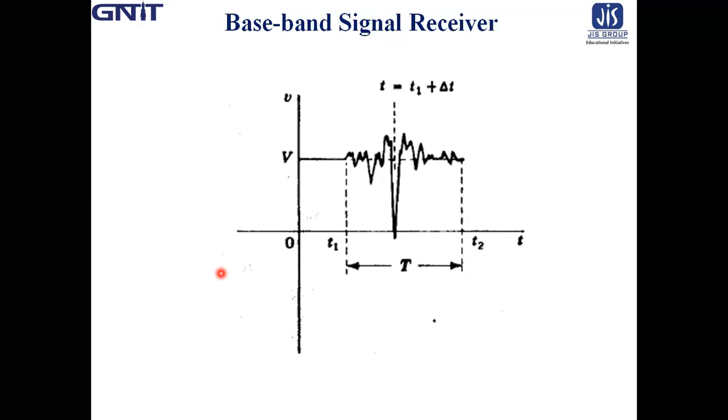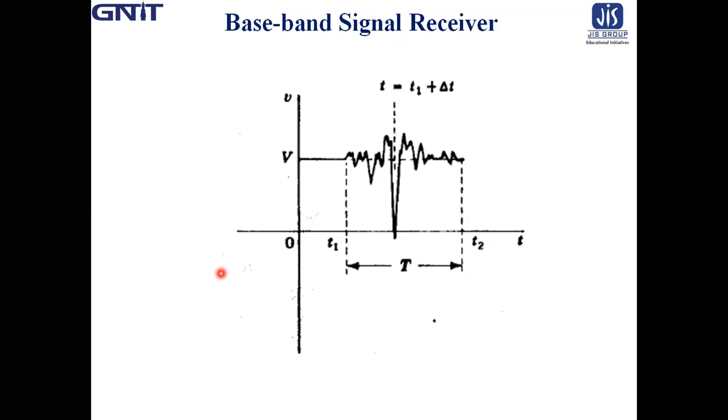Now, if the sample value is positive, then the transmitted voltage level was plus V. And if the sample value is negative, then the transmitted voltage level was minus V. So that was the decision rule.